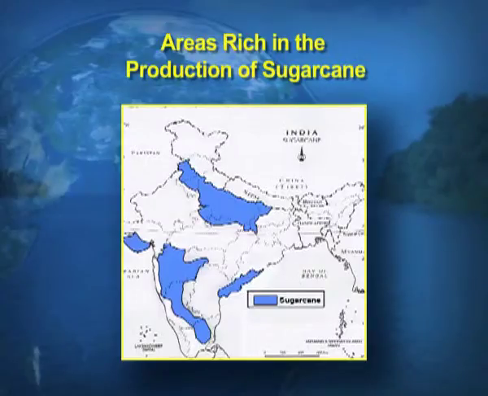Now this visual shows you the areas which are rich in the production of this crop. So the whole of northern India with the western part of the country, that is Maharashtra and Gujarat, as well as the southern states, that is Tamil Nadu, Andhra and Karnataka as well.